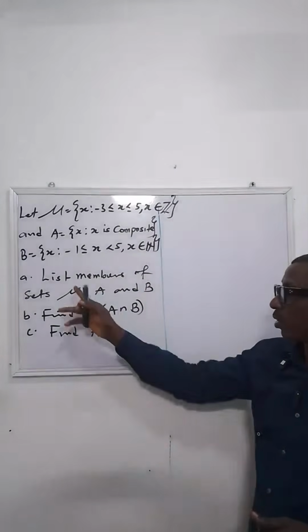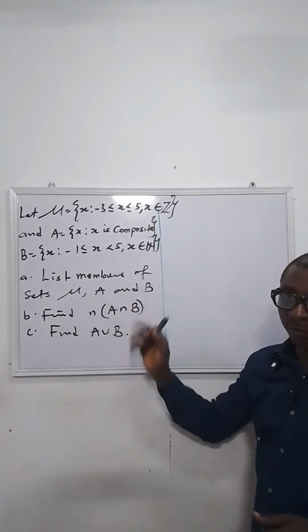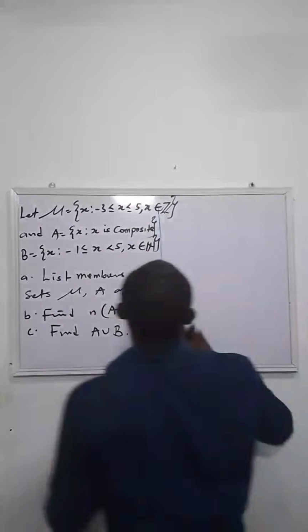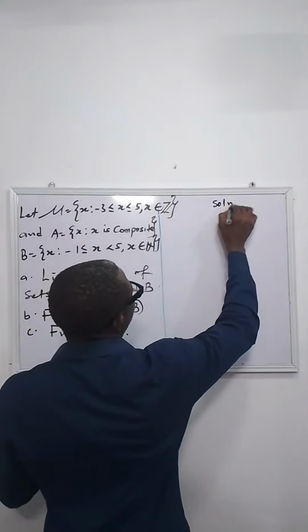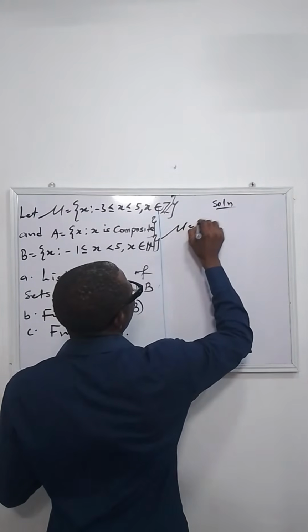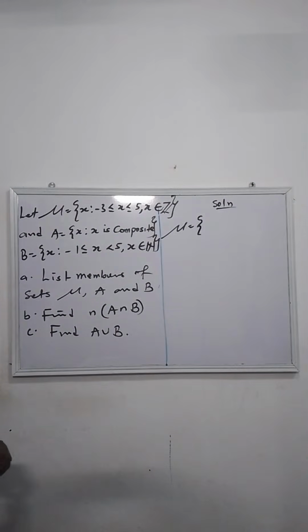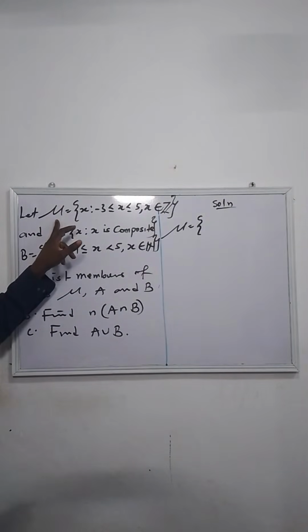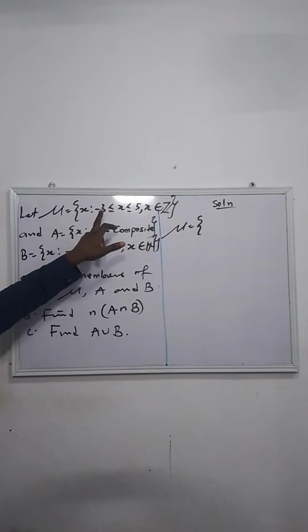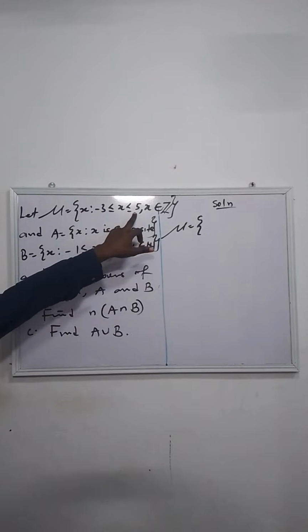Now the question asks us to list members of the following sets. Let's start with the first one. Solution. This U is the set of numbers that start from negative 3 up to 5.